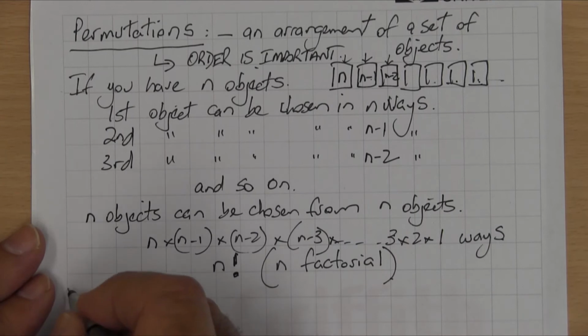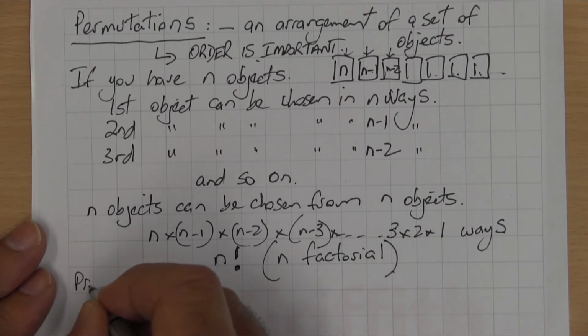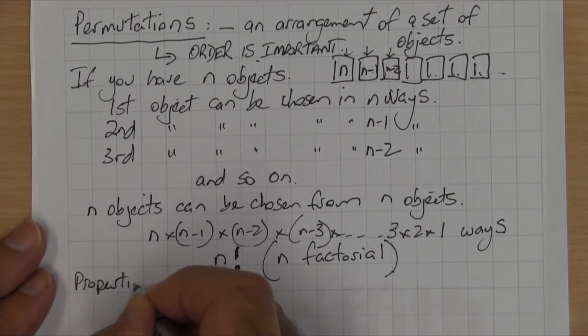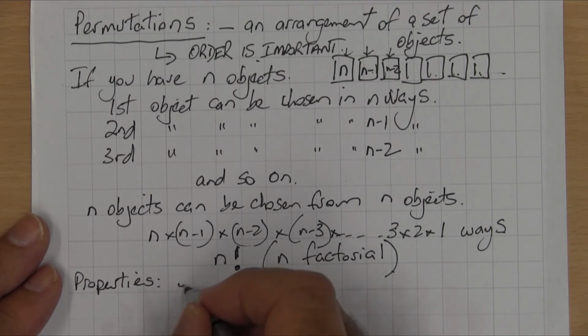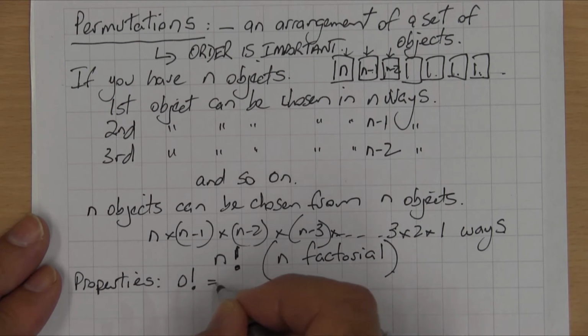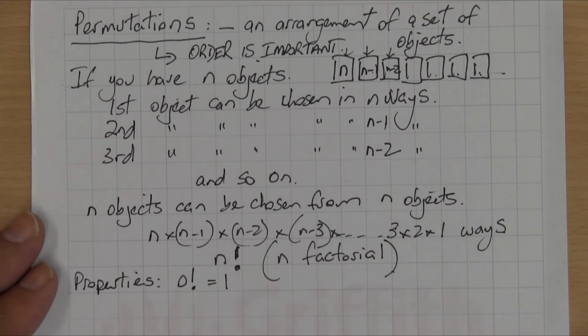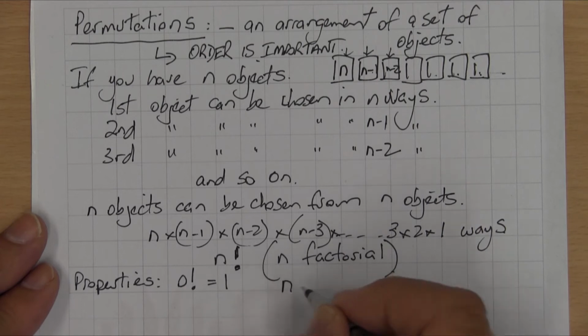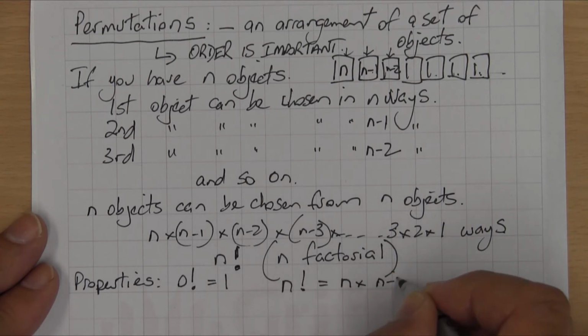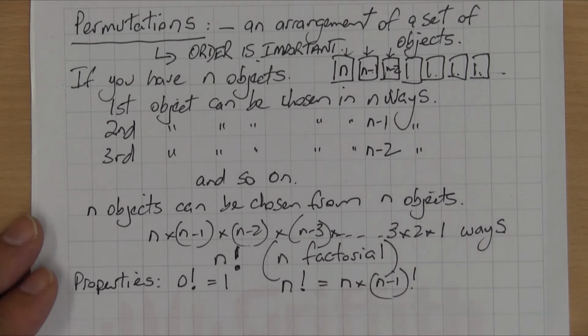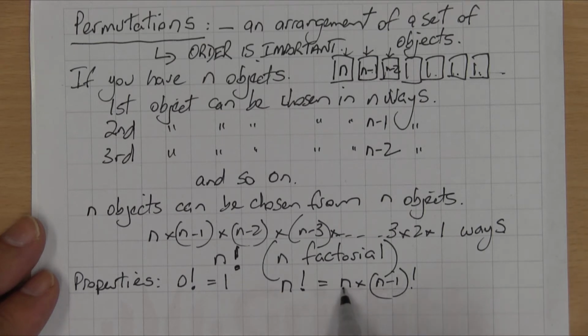A couple of little properties: zero factorial has the property that it's equal to 1, and that n factorial equals n times n minus 1 factorial. Because don't forget, n minus 1 factorial will be n minus 1 times n minus 2 times n minus 3 all the way down to 1. So if we just multiply that by n, we get n factorial.